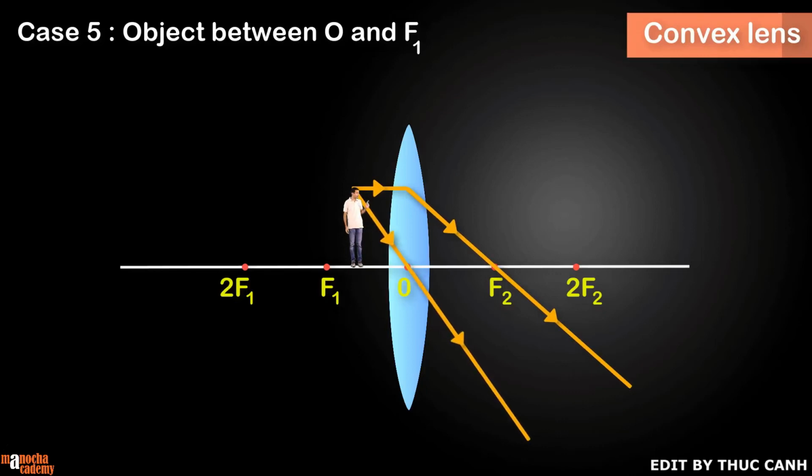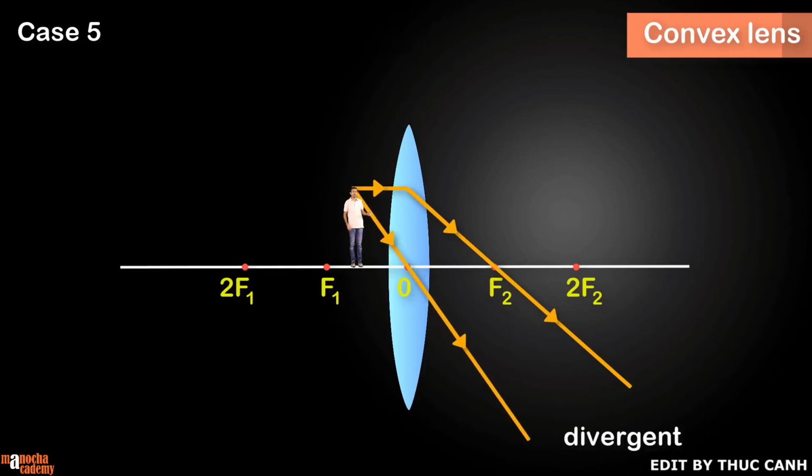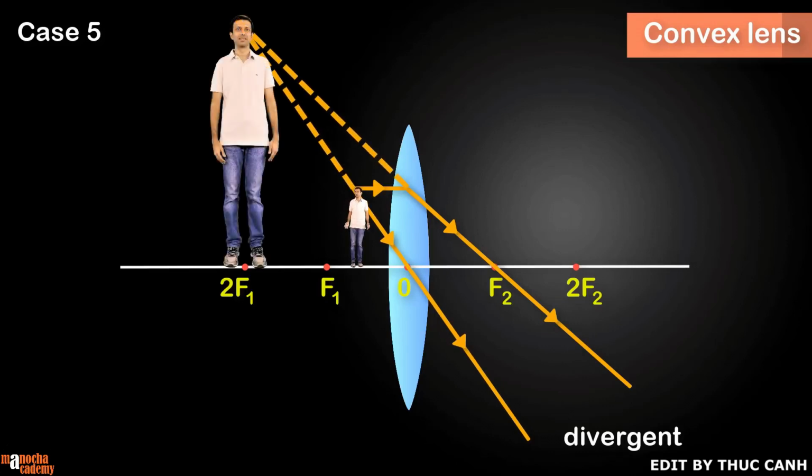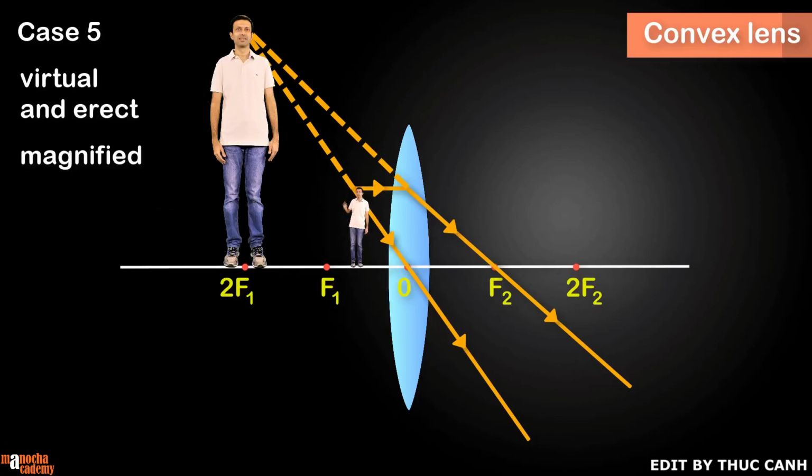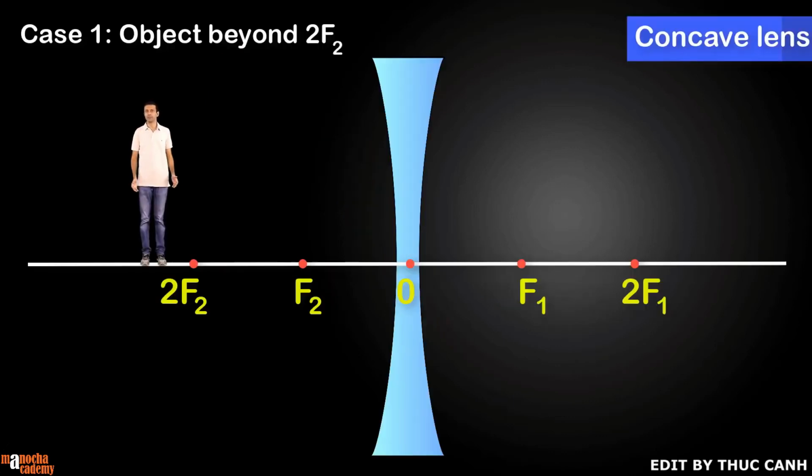As you can see, the refracted rays here are divergent. So we need to produce them backwards to obtain our image. Wow! Can you see? The image is magnified here. So what are the properties of the image? The image is virtual and erect, it's magnified.